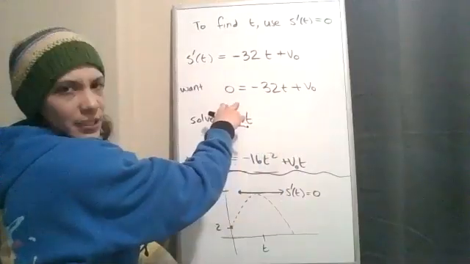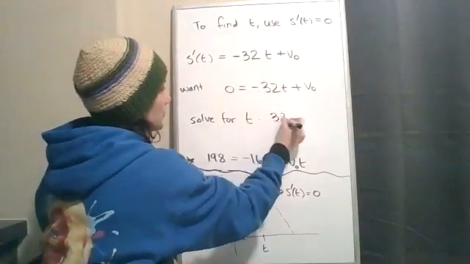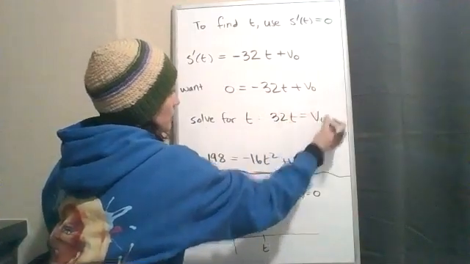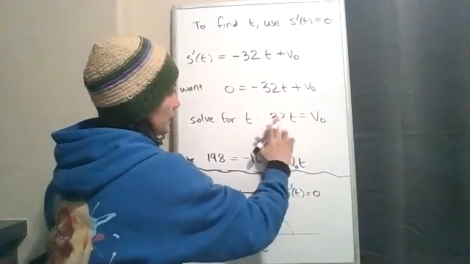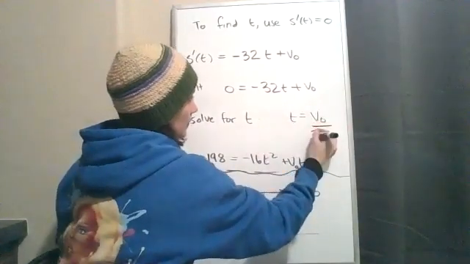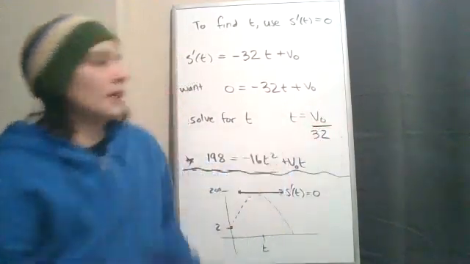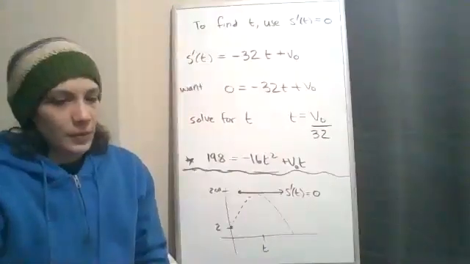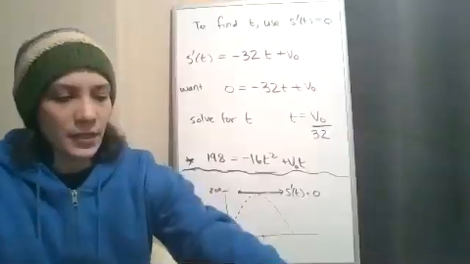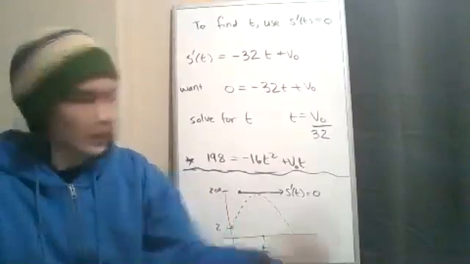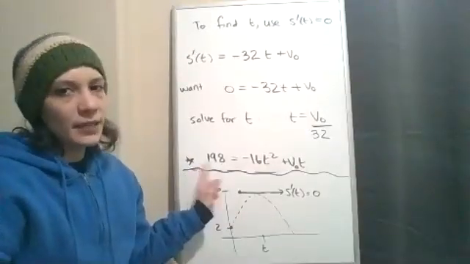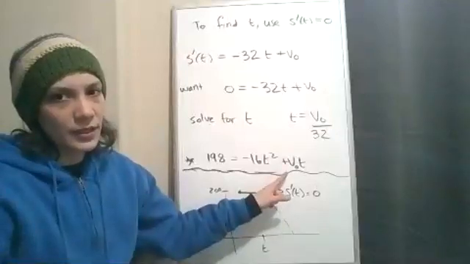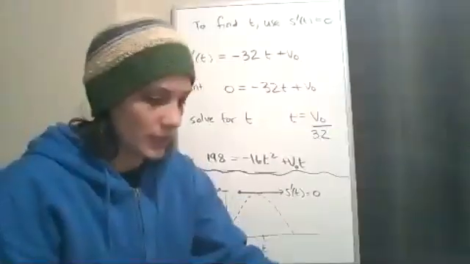So add 32t. All right, almost there. I substitute this t value into this equation that we've got, and what will be left is that velocity we're looking for.